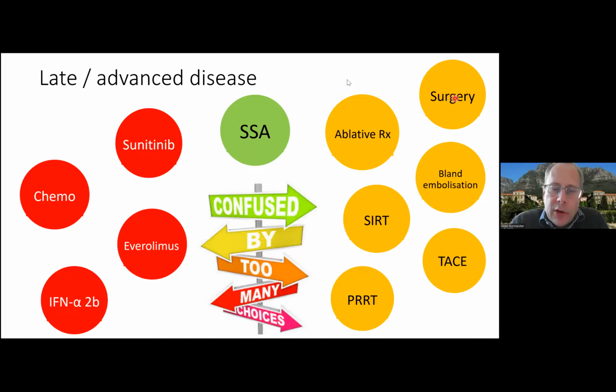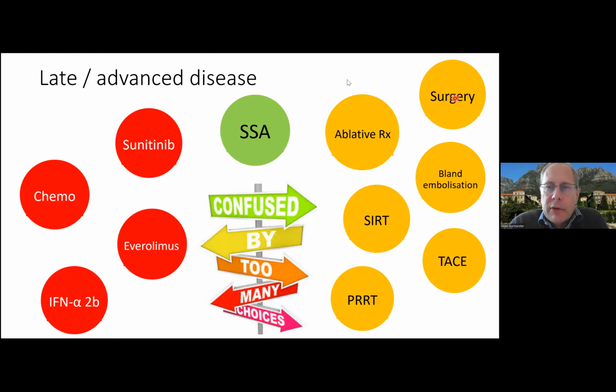Okay, so as we said earlier, if the patient has resectable disease, surgery is always the preferred treatment. If surgery is not possible, or if surgery is incomplete, in other words there is disease left behind, then we need to look at second-line therapy. Almost always, the first second-line therapy is a somatostatin analog.